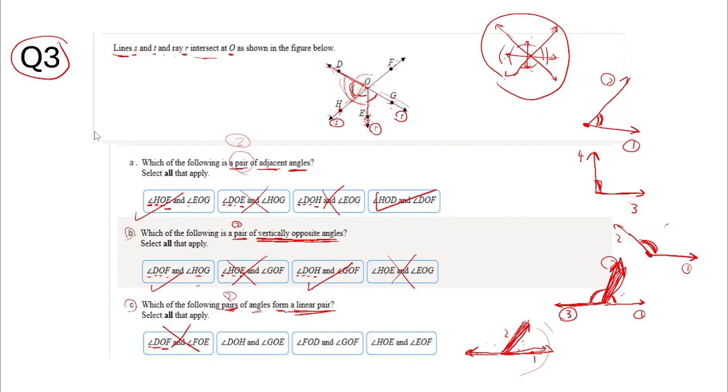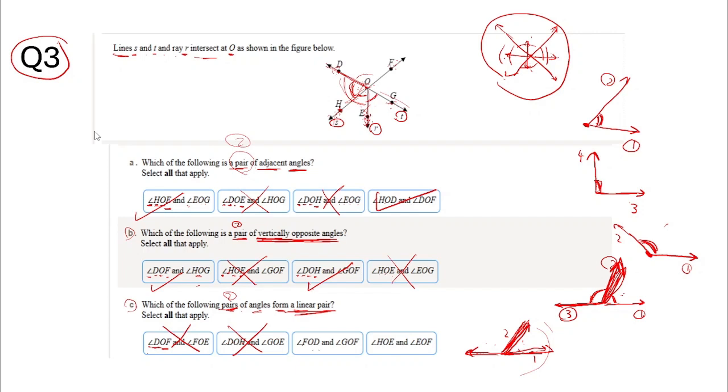Okay, DOH with GOE. They don't have a common ray, so this is the wrong answer.